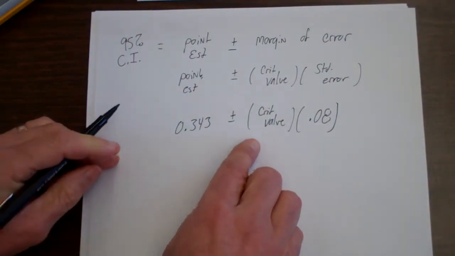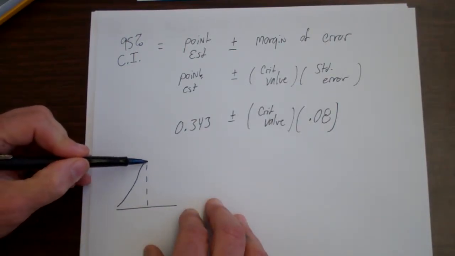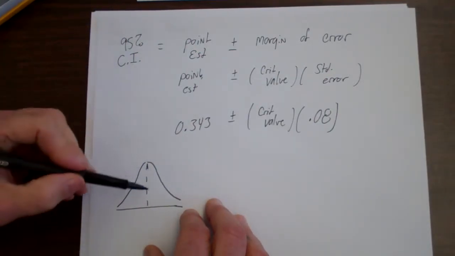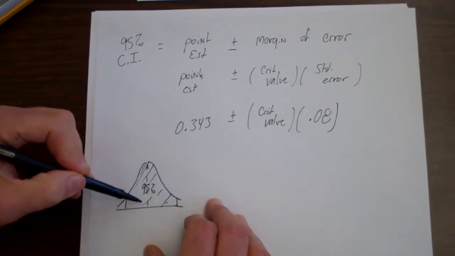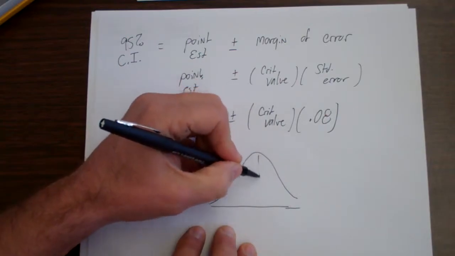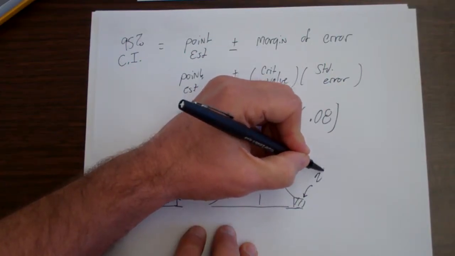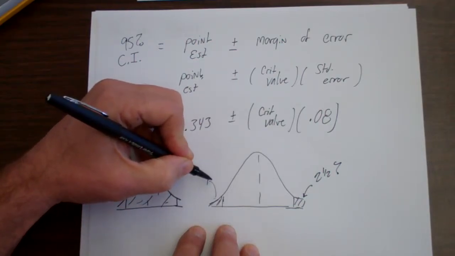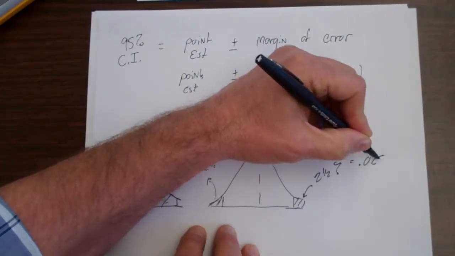Now let's think about the critical value. We know that it's normally distributed. So we're going to try to find the critical value for 95%, so that 95% are in the middle of the distribution, which means that we want 5% to be in the two tails, or another way to say that is we want 2.5% in this tail and 2.5% in this tail. 2.5% is 0.025.